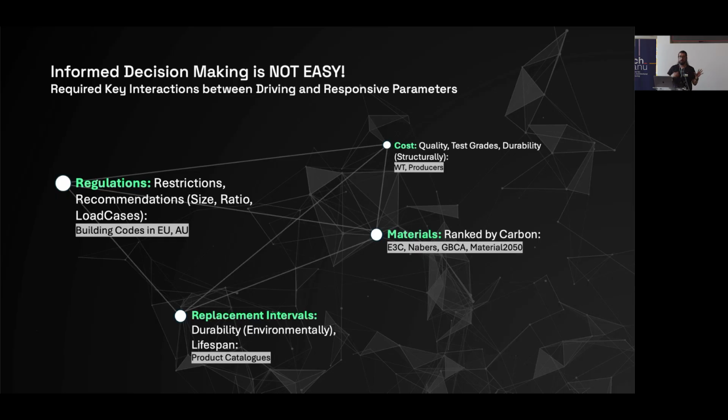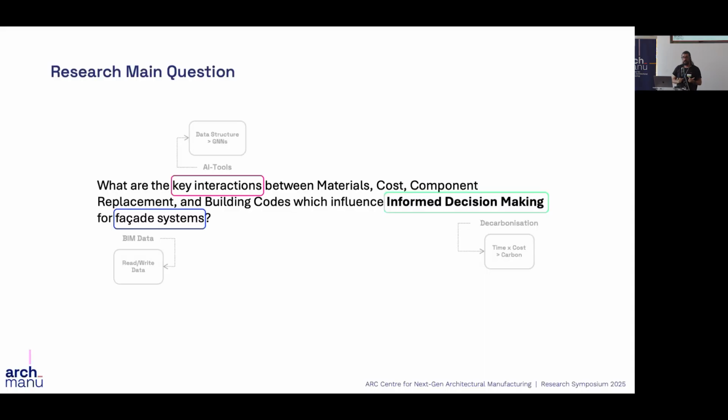Considering all of those aspects, we get into four of them: regulations, cost, material, and replacement interval, which comes from the life cycle of an element of a facade system. We want to build a question upon it, getting into a solution, getting into light.